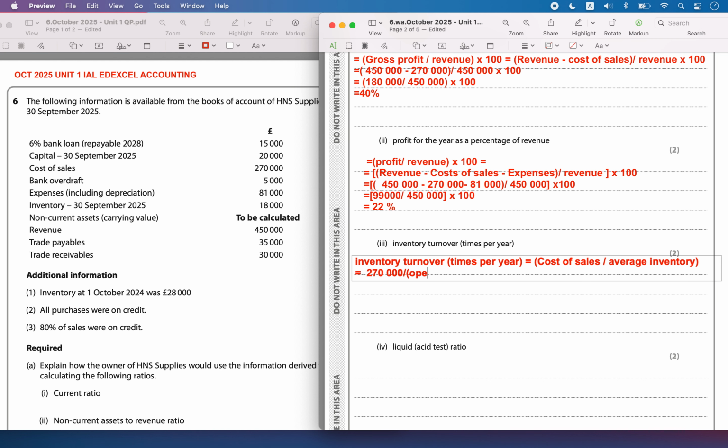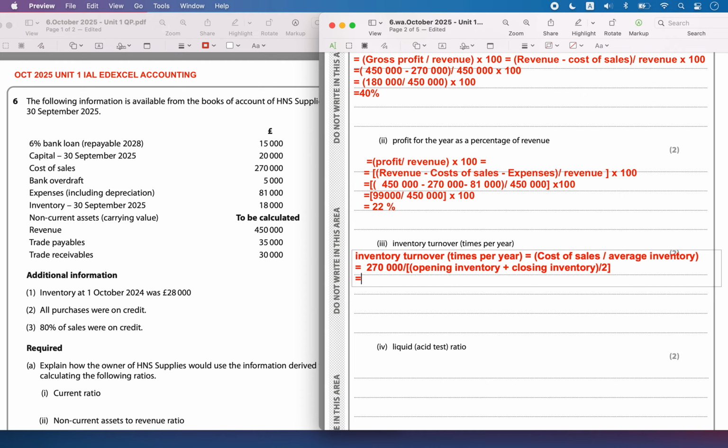So what is average inventory? Opening inventory plus closing inventory, divided by 2. This entire thing is one portion that represents the average inventory. So that is equal to 270,000 divided by the average of opening and closing inventory.